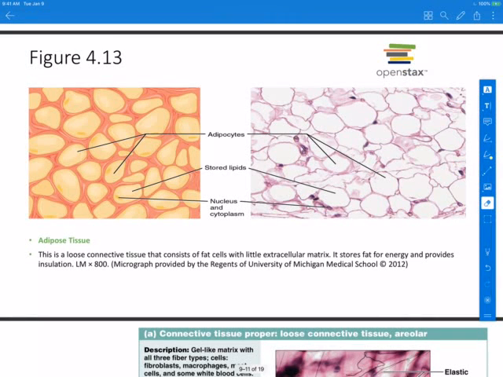And as we age, we have a tendency to redistribute our fat, so that we tend to lose fat in the subcutaneous area of the body, and we tend to gain fat in the visceral area. And visceral fat can become dangerous and lead to metabolic problems such as type 2 diabetes. Okay, but fat is basically a loose connective tissue. It's one type of loose connective tissue here.